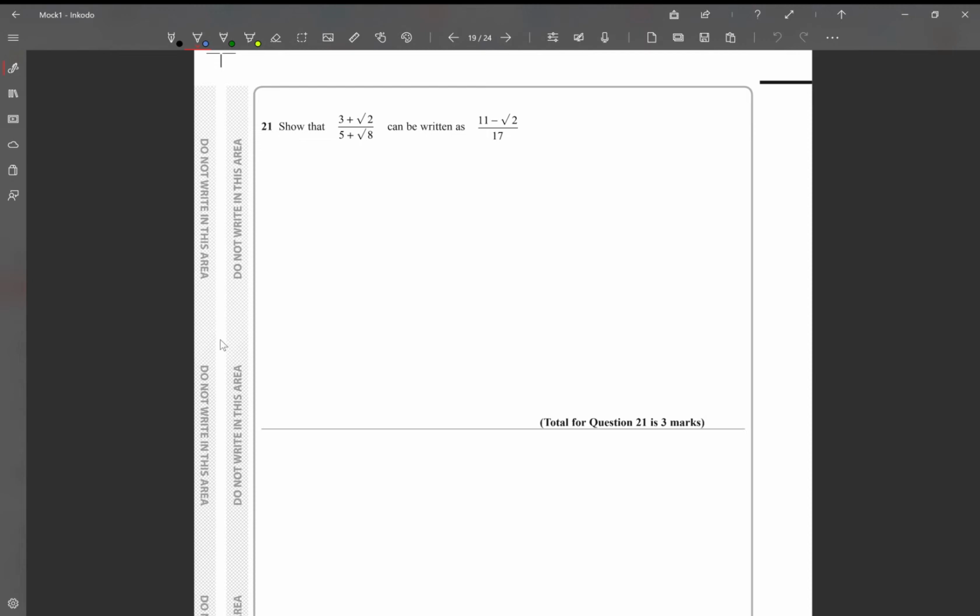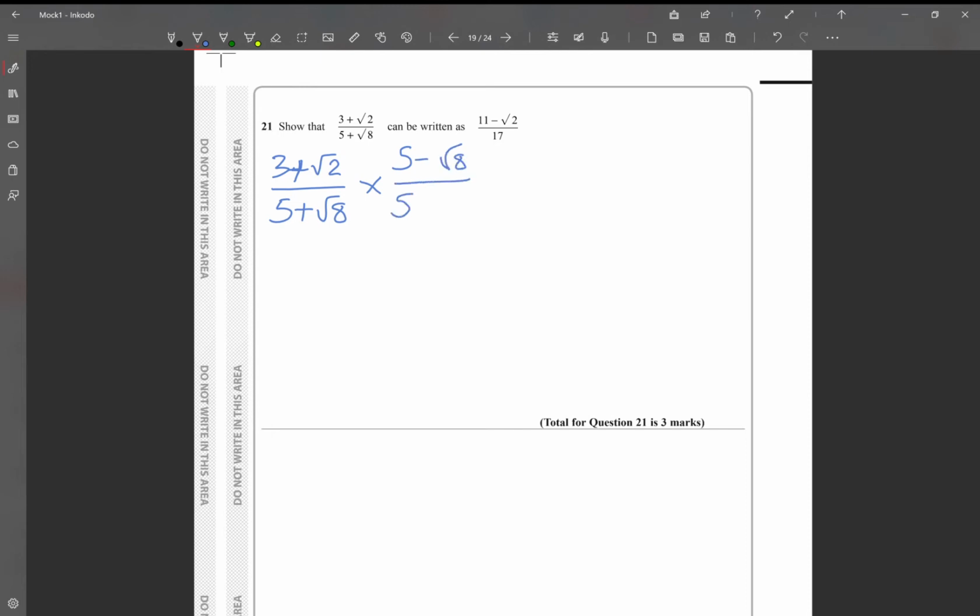Okay, so to rationalise the denominator, the key thing is to times it by basically the number 1. Now it sounds really strange, but if you times it by 1 or an equivalent, it doesn't actually change the value of the fraction, but we need to use a value of 1 which will get rid of that surd.